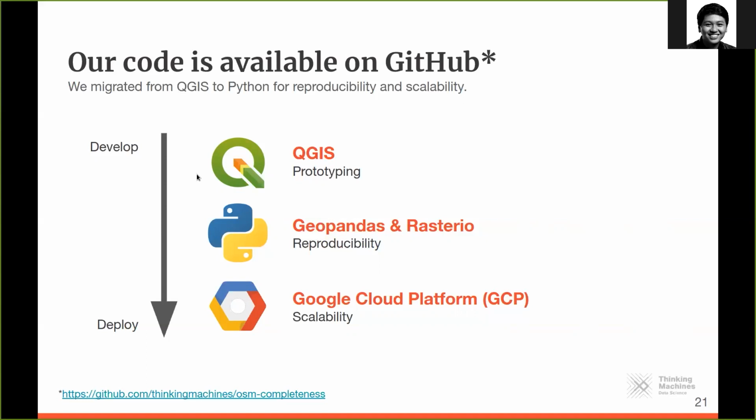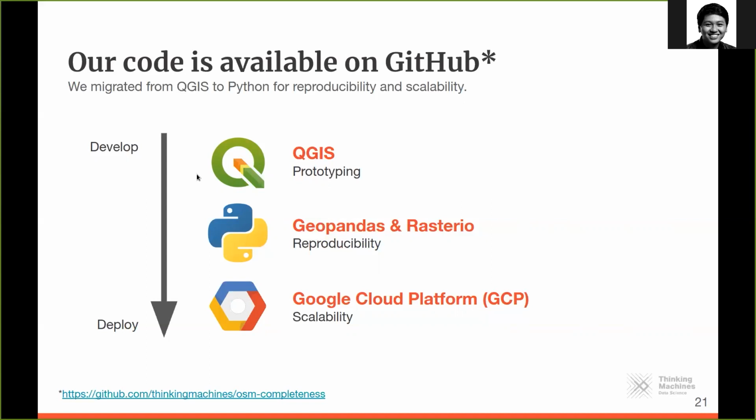It's not scalable because you're just doing your data processing on one computer, and it's kind of hard to parallelize as well. It's also not easily reproducible, especially if the person doing the work is not trained in the use of GIS software. So that's why we decided to migrate our workflow to GeoPandas and Rasterio.